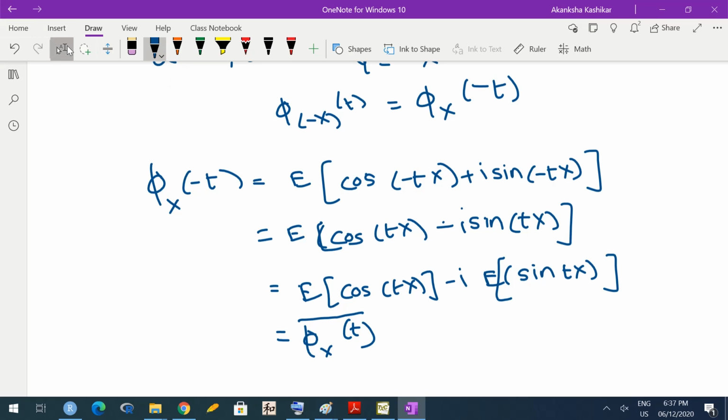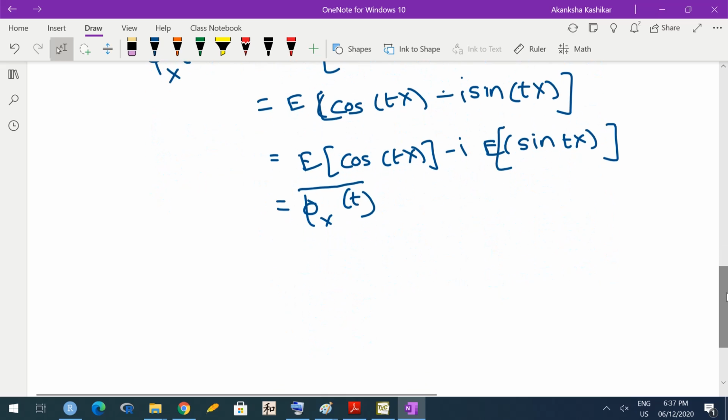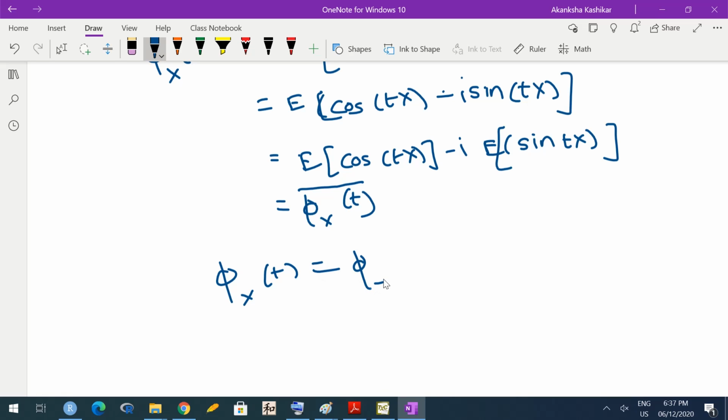If the distribution of X is symmetric around 0, then we know that X and -X have exactly the same distribution. So in that case, phi X(t) would be exactly the same as phi -X(t). So it would mean that phi X(t) is the same as phi bar X(t), because just now we proved that phi -X(t) is nothing but phi bar X(t). So a number would be equal to its complex conjugate.